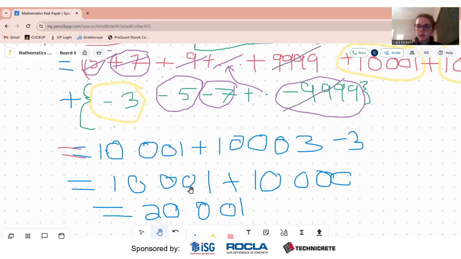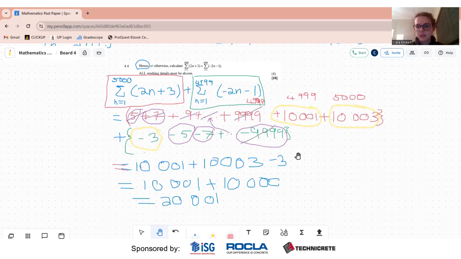I know it might seem a little bit difficult to identify these patterns that I've done here, but this question does come up a lot in past papers. So I recommend looking through some past papers and practicing questions like this, and you will start to get the hang of it.